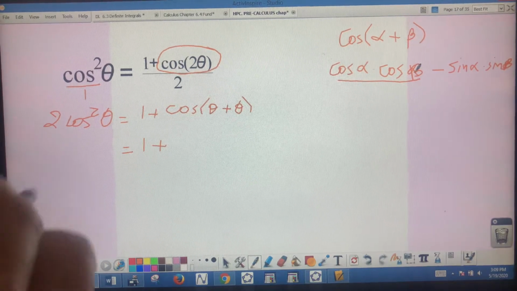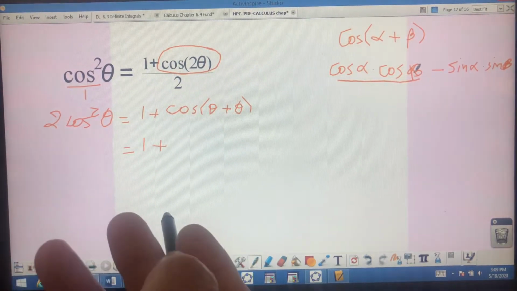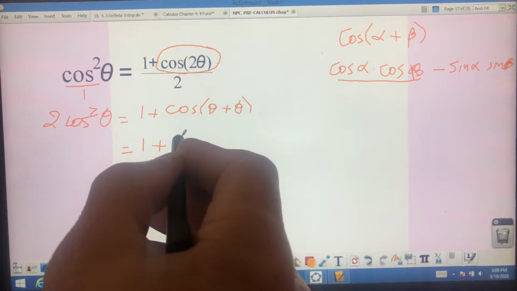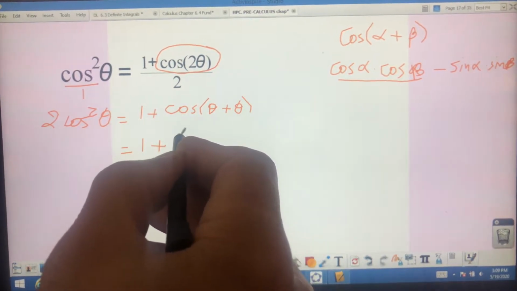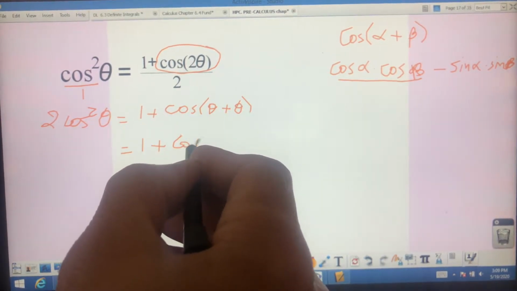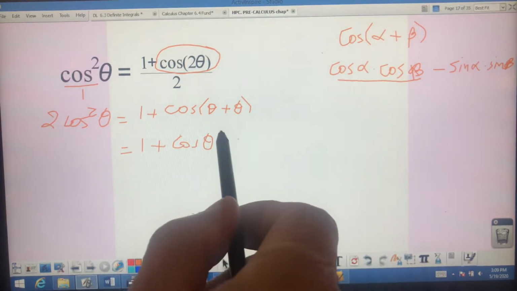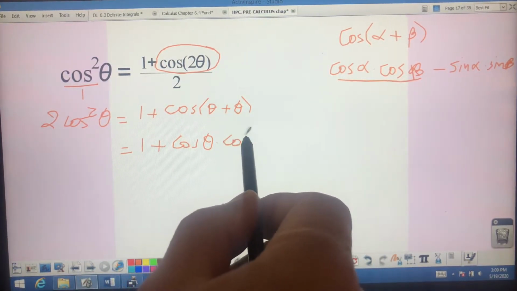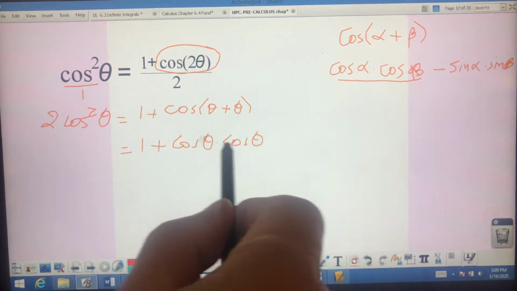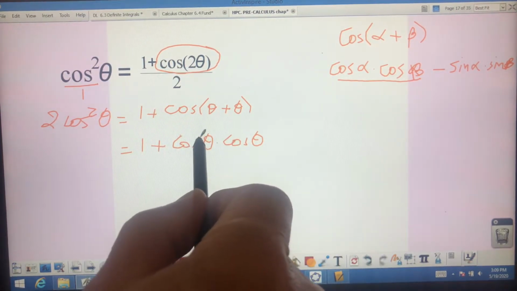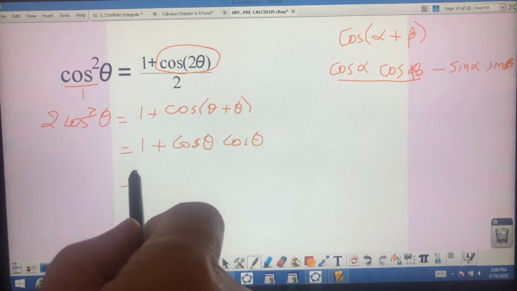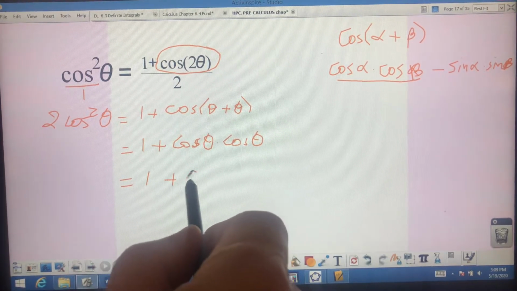So now when you write them over here, since your alpha and beta are the same, you're going to end up with cosine of the first angle times another cosine of the second angle, which is the same angle. So two cosines multiplied together, you'll get cosine squared.